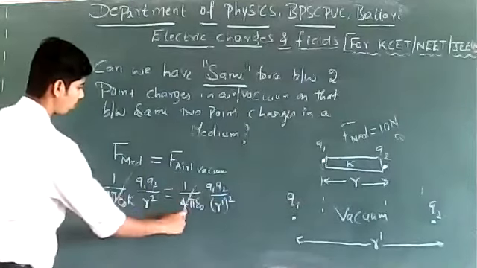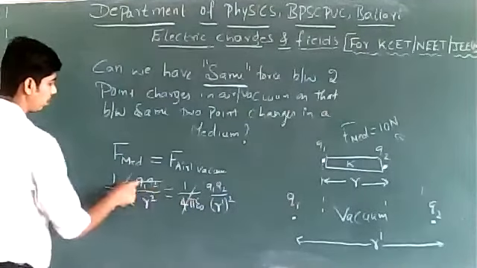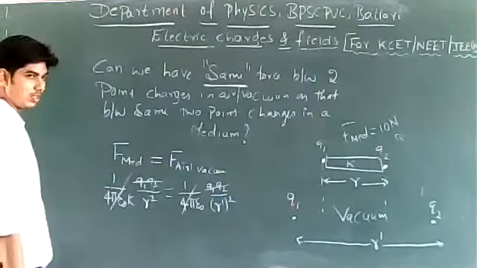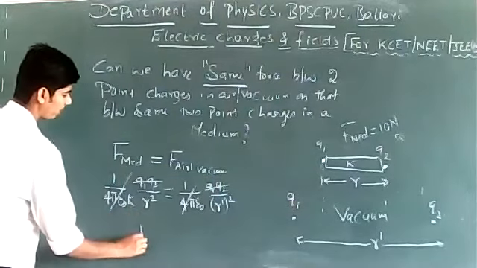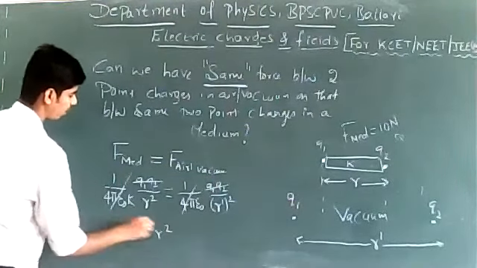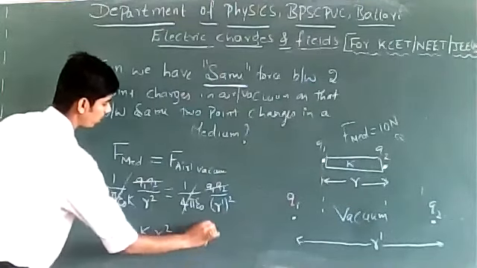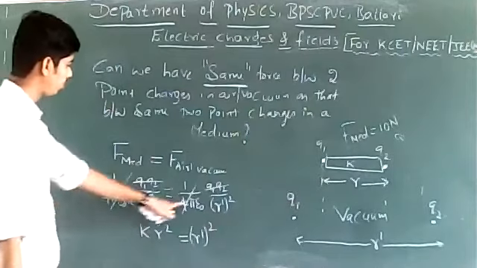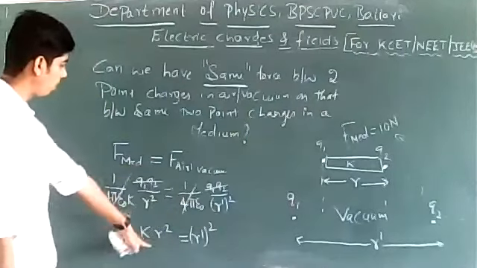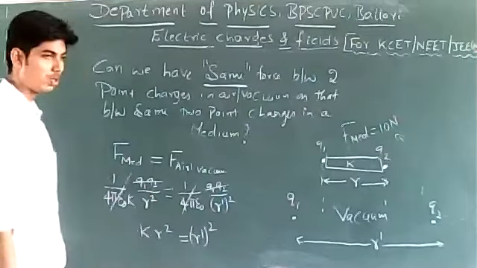1 by 4 pi epsilon naught cancels, q1 q2 gets cancelled out. We will be left with k r square equals r dash whole square.